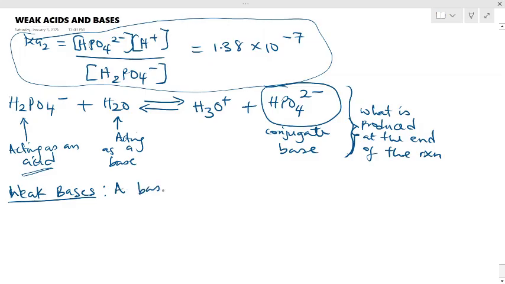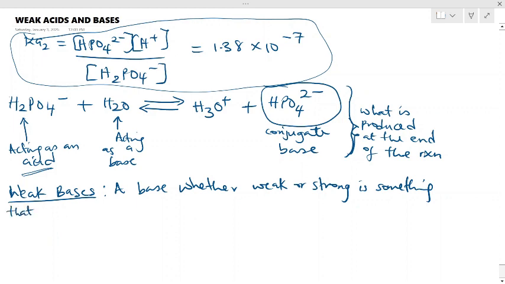A base, whether weak or strong, is something that produces OH minus, which is your hydroxide ion, in solution.